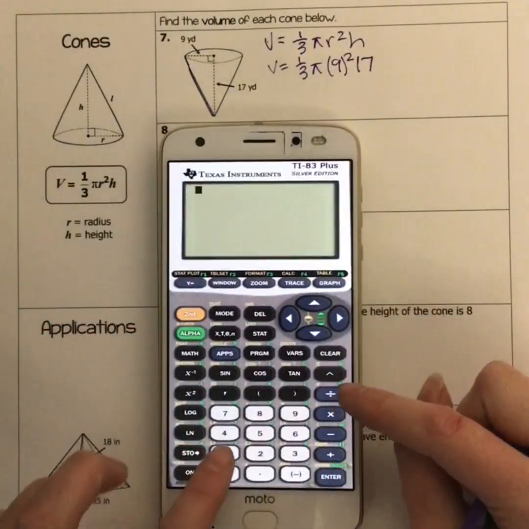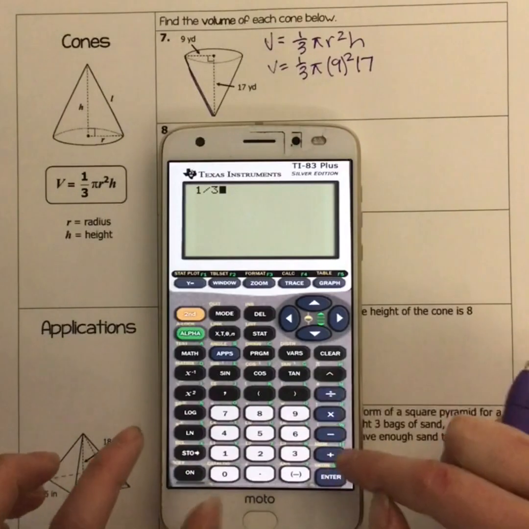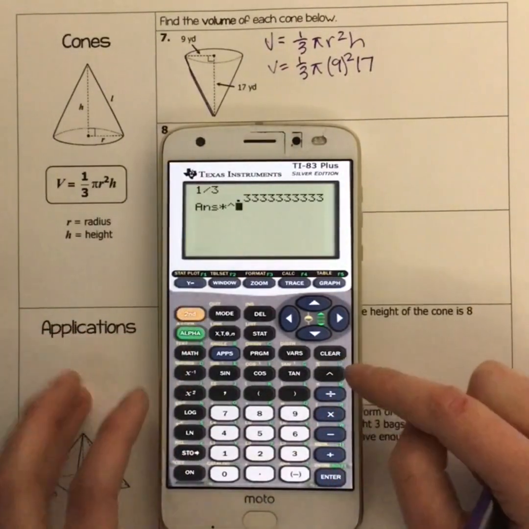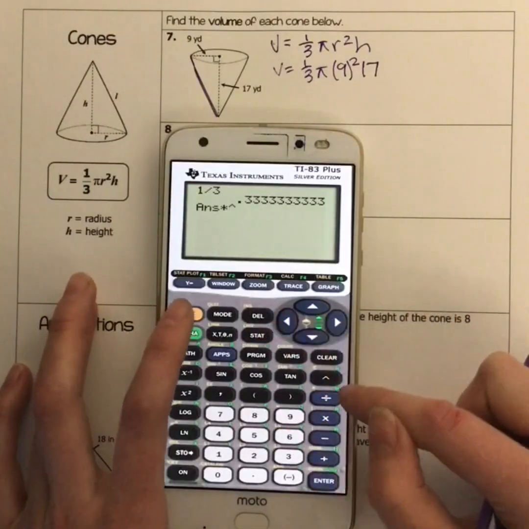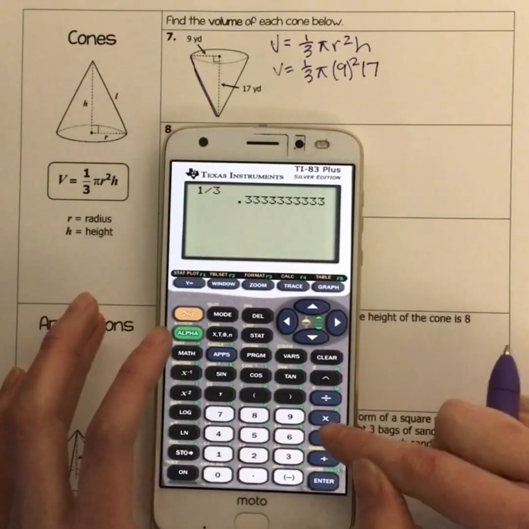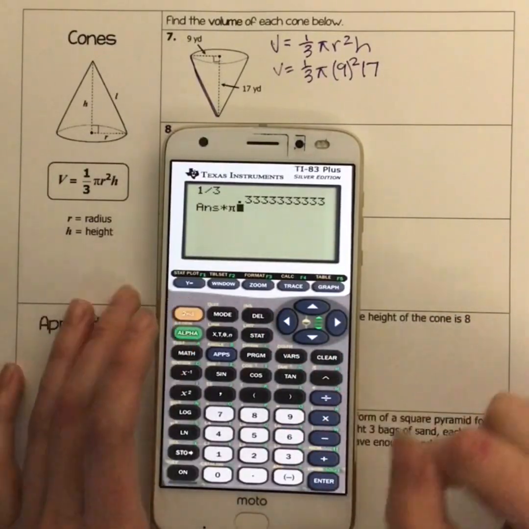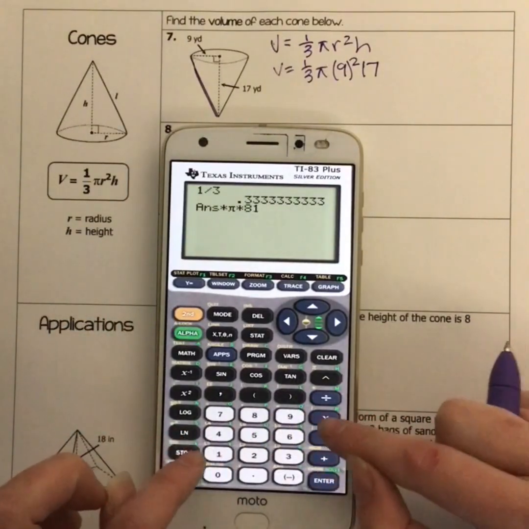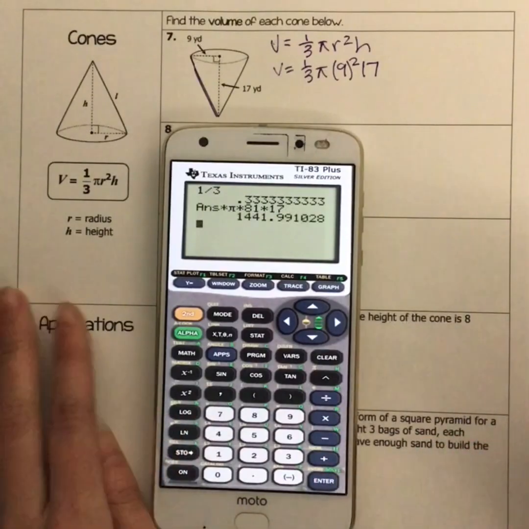We have 1/3, I'm just going to hit enter on that, times pi, and I know that 9 squared is 81, times 17.